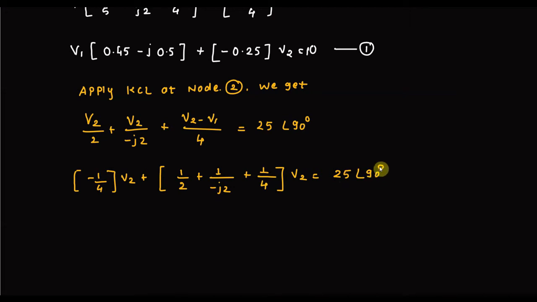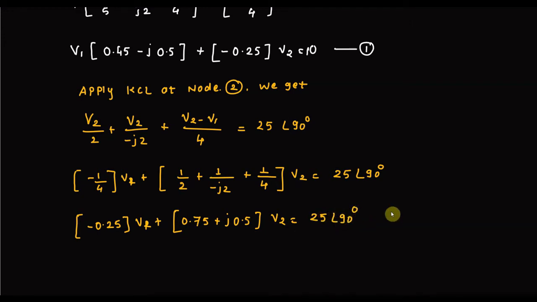After that, 1 by 4 means 0.25, so minus 0.25 V1, sorry, here it is V1, plus the coefficient of V2, and this will be equal to 25 at an angle 90. Okay, so this will be your equation number 2.